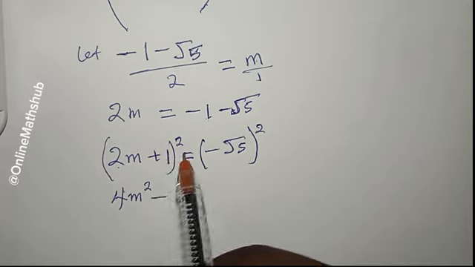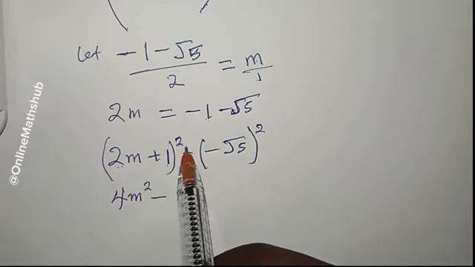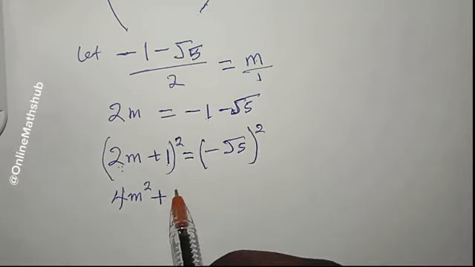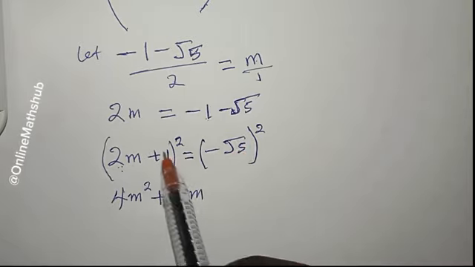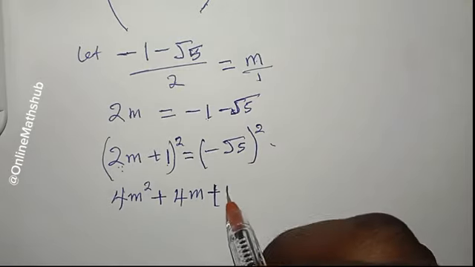Then we use this 2 to multiply the 2m and the 1, so 2 times 2m is 4m, and 4m times 1 gives plus 4m. Then you use the last term to multiply itself, that is 1 times 1, which is equal to 1.